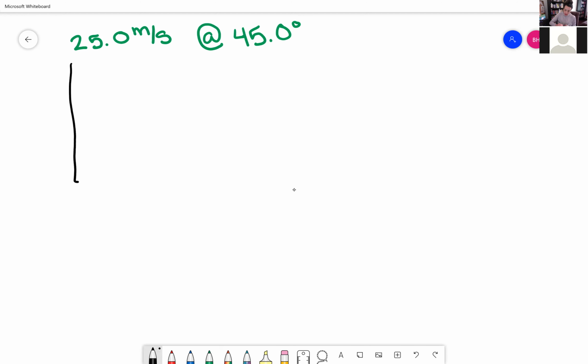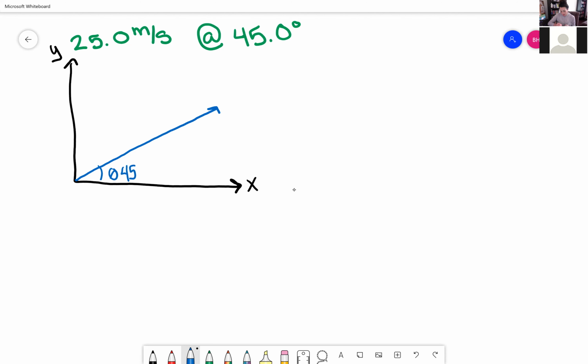If I were to plot this, I'm just going to do a basic sketch and not do the whole thing. So here's X, here's Y. If I were to plot what I have here, it might look something like this. And this angle right here would be 45 degrees.